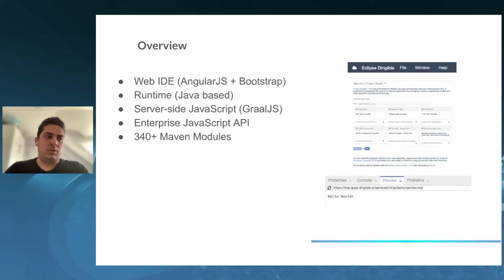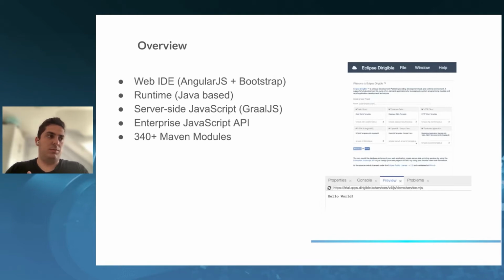This is, again, an open source project coming from Oracle, where you can, in your Java program, interpret JavaScript code. And basically, all of our logic and runtime is based around this GraalJS engine. And on top of that engine, we provide this enterprise JavaScript API.